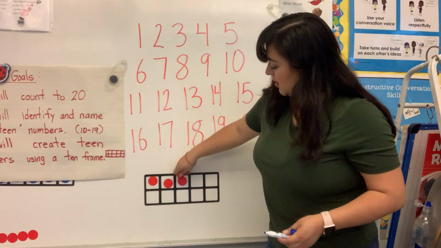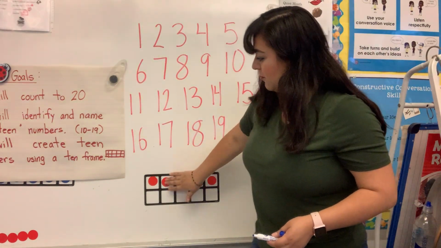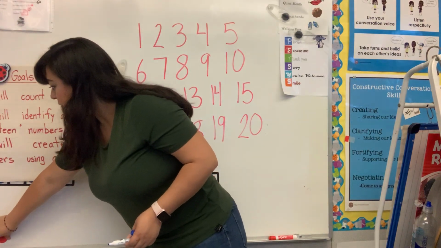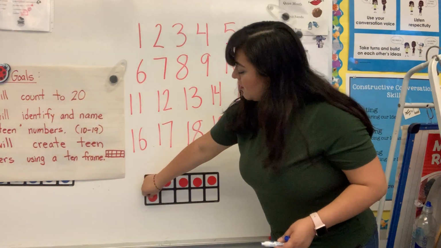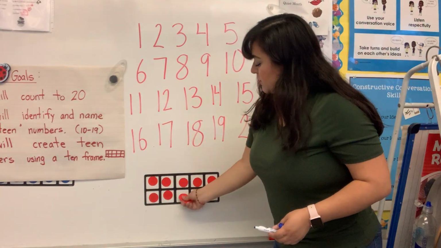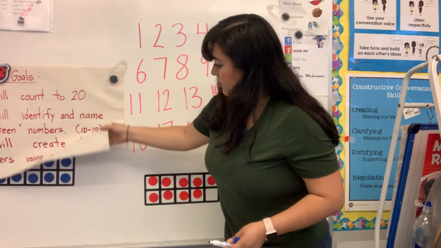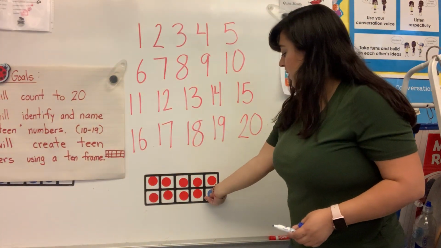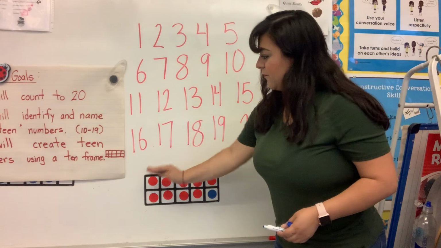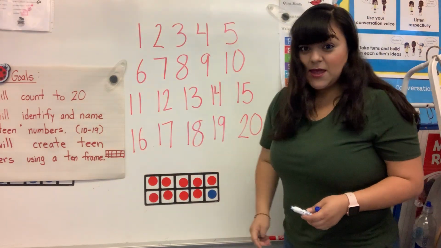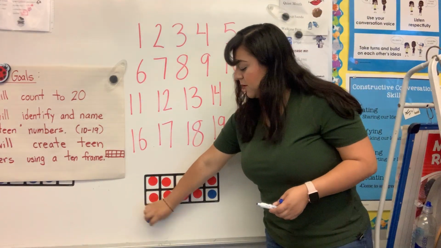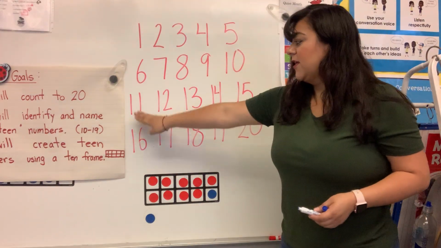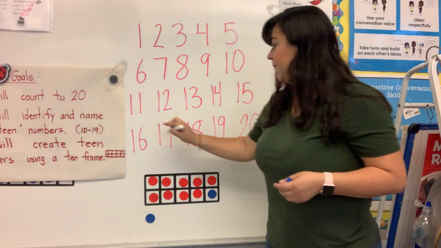Now I don't need to count the circles because I already know that there are 10 squares in the 10 frame. So there's no need for me to count the circles. Okay, so here we have a 10 frame and then one more. And we count 10, 11. That's a teen number.